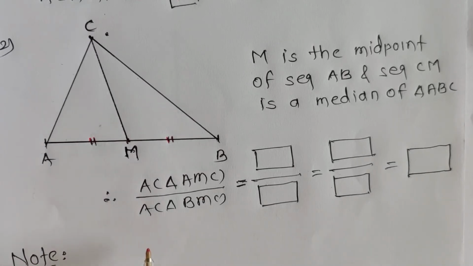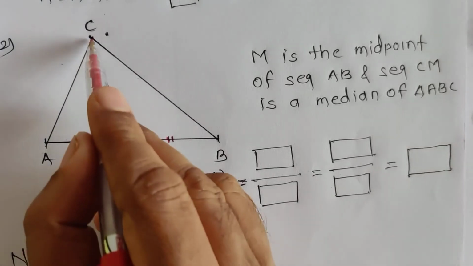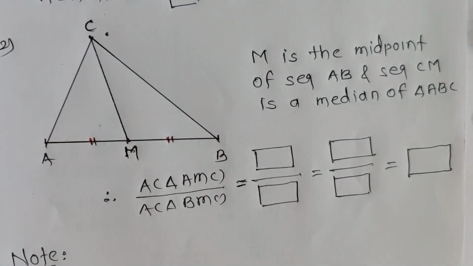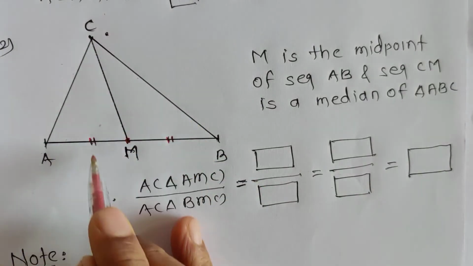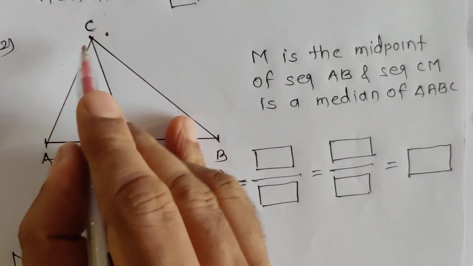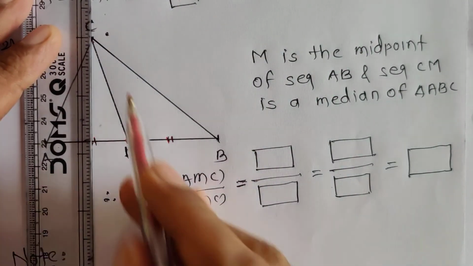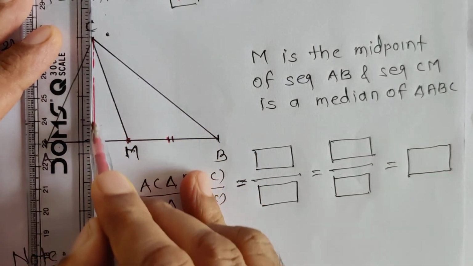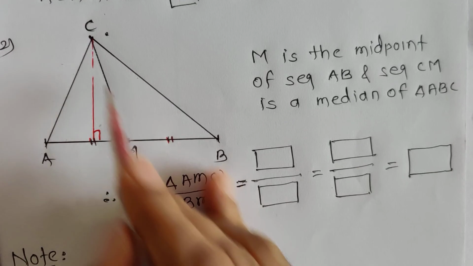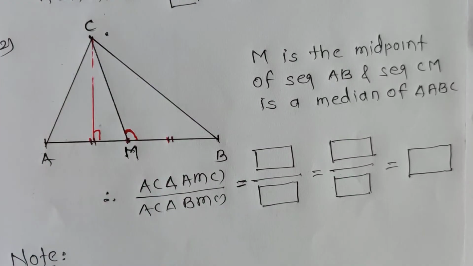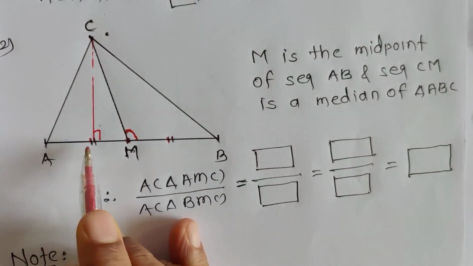Here remember one thing, if we observe AMC and BMC, these two triangles have a common height from A. If we draw the height then we get it like this. Height of triangle AMC is this one. For BMC it is an obtuse angle triangle, and in an obtuse angle triangle the height is outside the triangle.